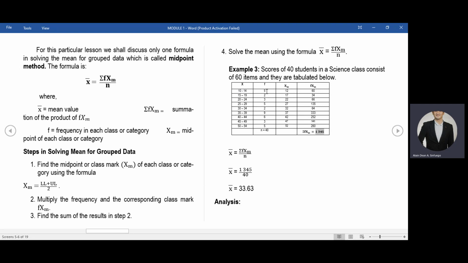How did we get 40? We just add all the frequencies. That will be our sample size. So dividing 1,345 by 40, you have approximately 33.63 as your mean for this grouped data.